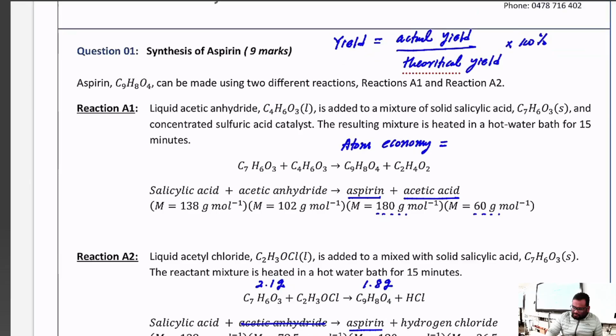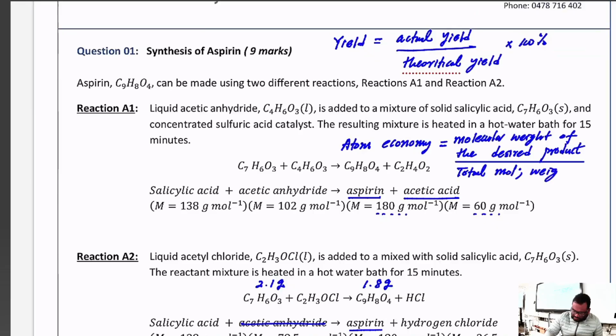So you can say molecular weight of the desired product divided by total molecular weight of the reactants, multiplied by 100.